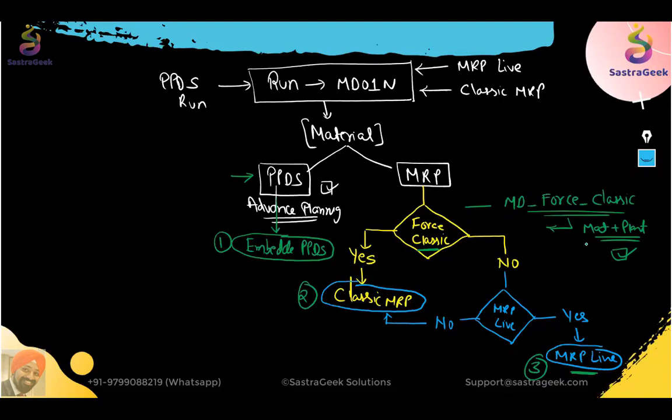There would not be much difference between classic MRP and MRP Live because the logic is the same. The only thing is the logic has been shifted to your HANA database. The 98% or 95% logic is the same between classic MRP and MRP Live. The embedded PPDS is a totally different logic, which will require a different master data set.